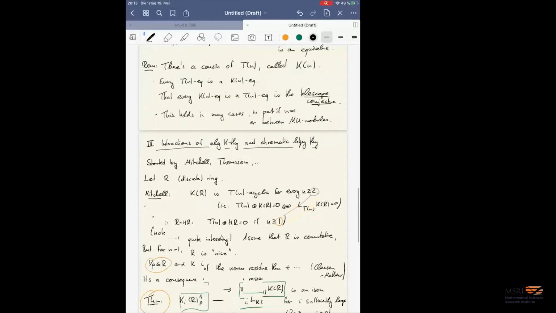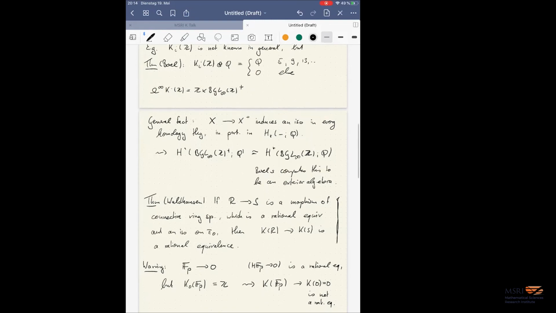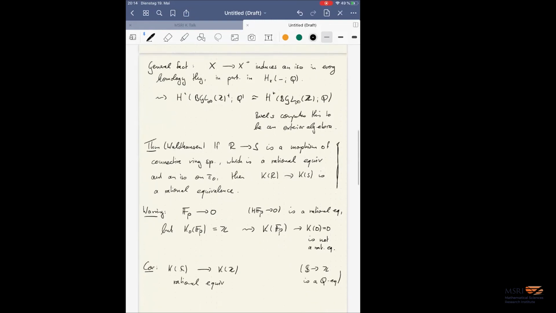I had this theorem of Waldhausen's as a motivation, and I will give you a short sketch of a proof of Waldhausen's theorem because it's a little bit easier to understand, especially if you're not familiar with chromatic homotopy theory. And then I will say something about what to modify to get the theorem I proved with Markus and Georg.